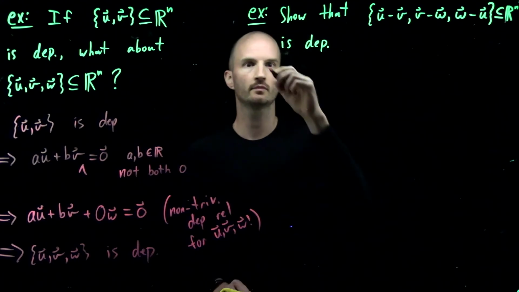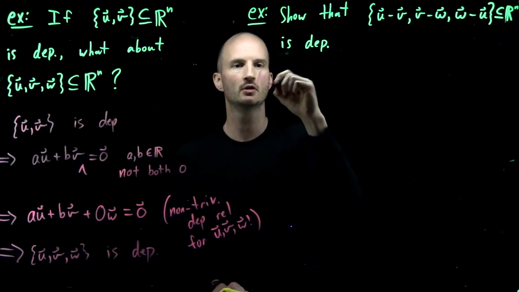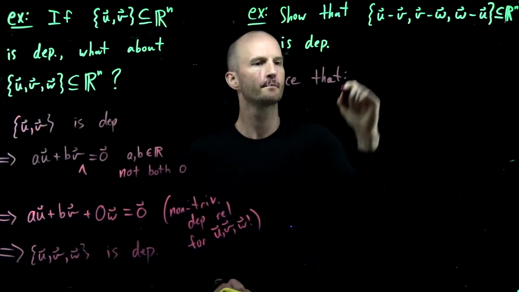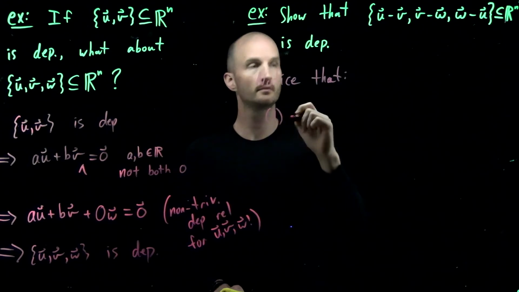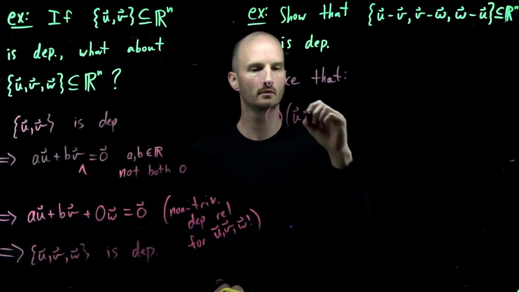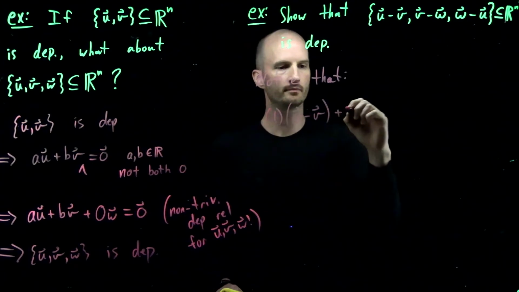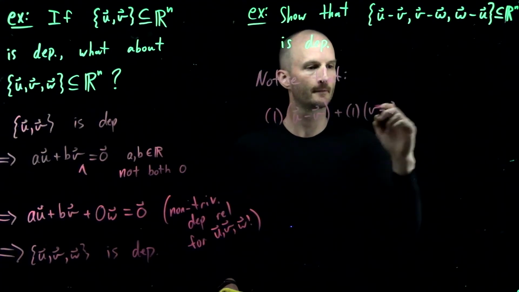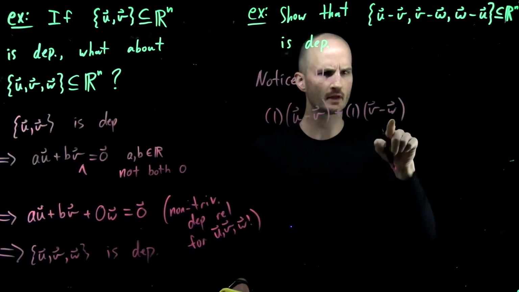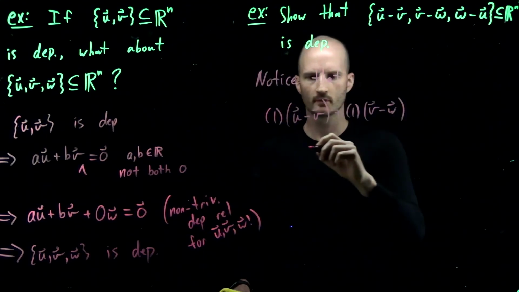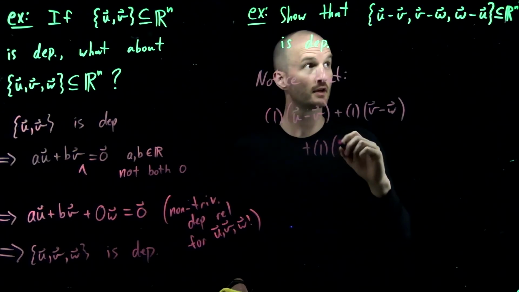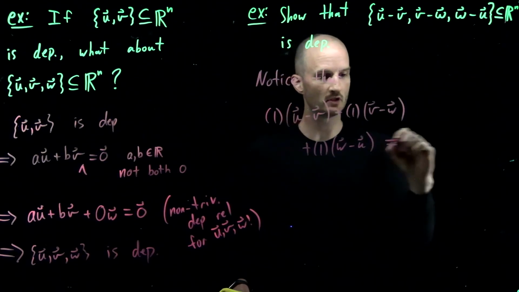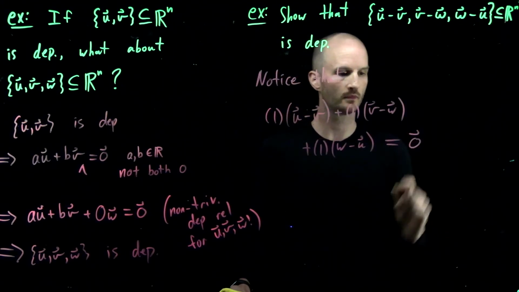So in math speak, we say, notice that 1 times the first vector plus 1 times the second vector, that's a W, plus 1 times the third vector equals 0.